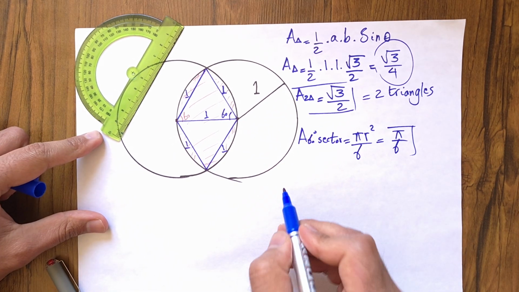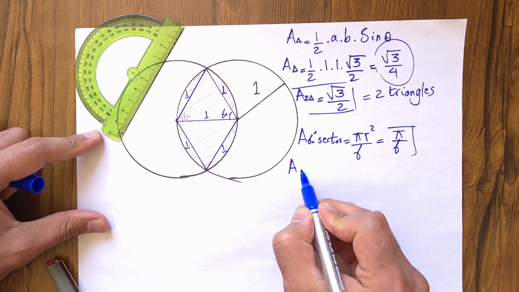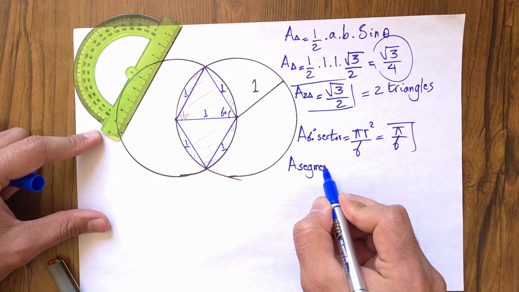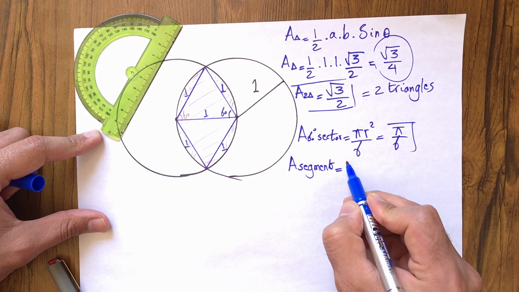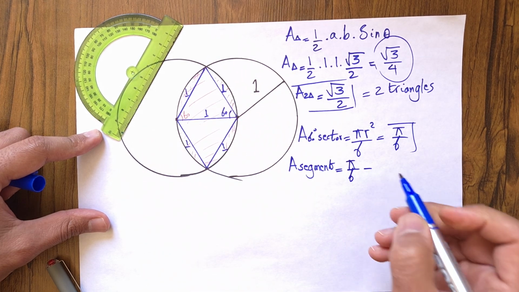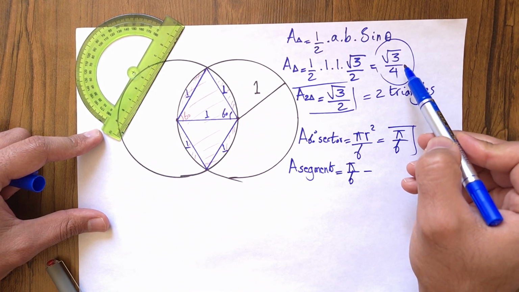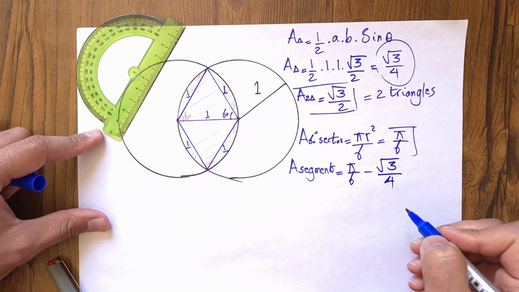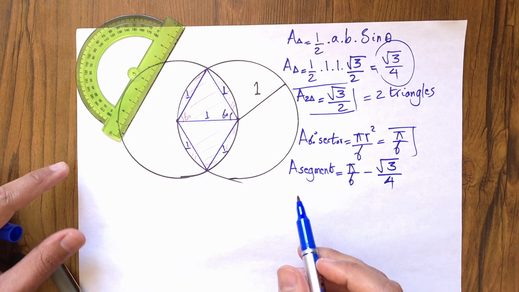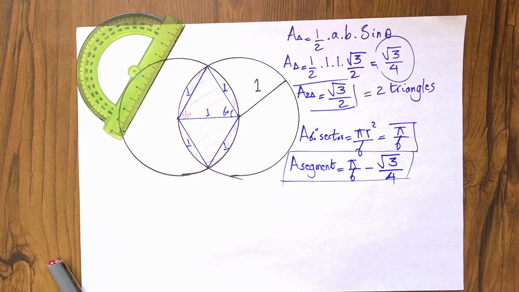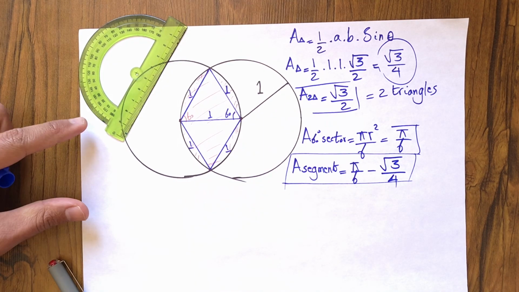So the area of the little segment equals pi over 6, which is the area of the sector, minus the area of the triangle, which is root 3 over 4. So that's the area of one of these segments. Now we need to multiply that by 4, because we have 4 of these little segments.